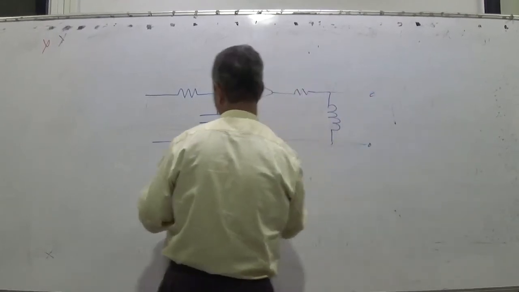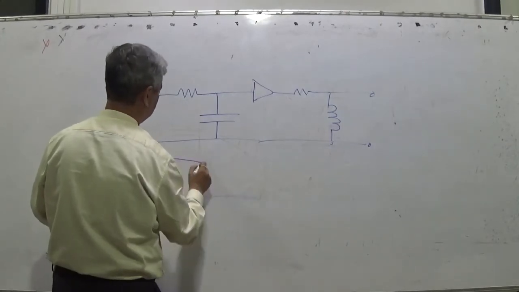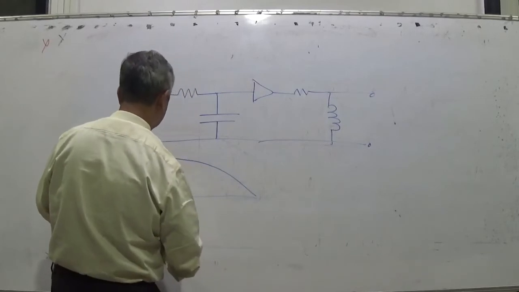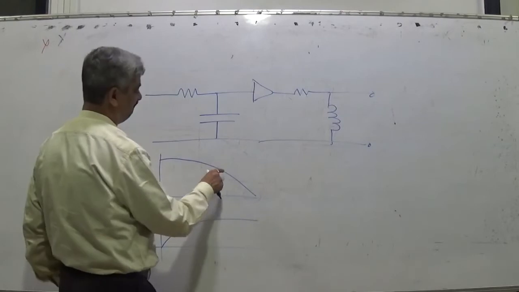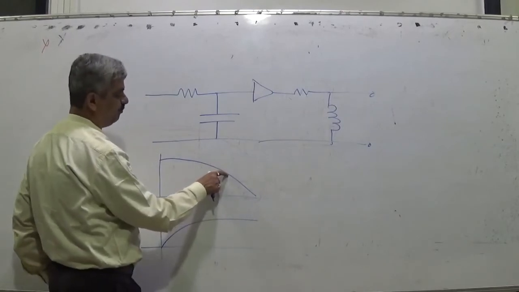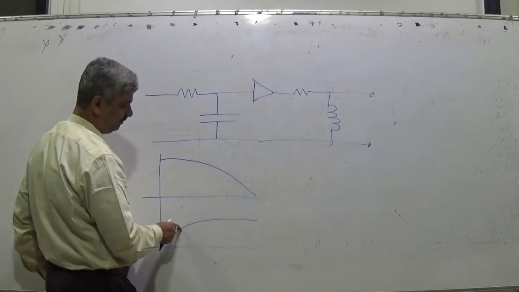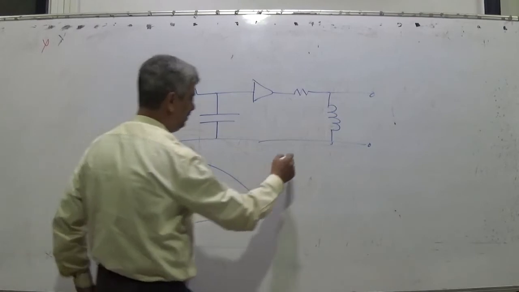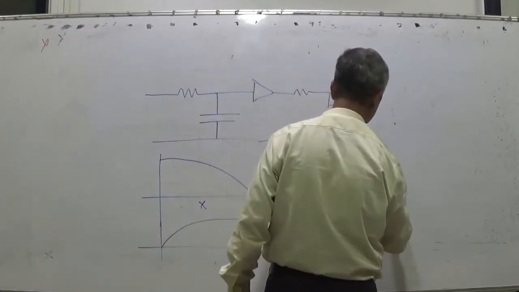So if this low pass filter is having a characteristic like this, and the high pass filter is having a characteristic like this, if the upper cutoff frequency of the low pass filter is higher than the lower cutoff frequency of the high pass filter, then the net effect is the product of these two, and what we will be getting is something like this.